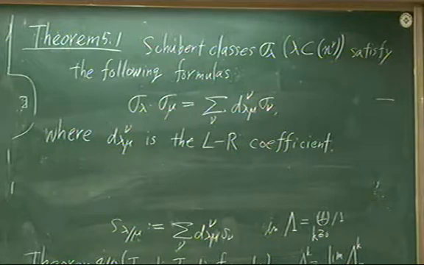So in the case of the complex Grassmannian, we can solve the structure constant problem completely.